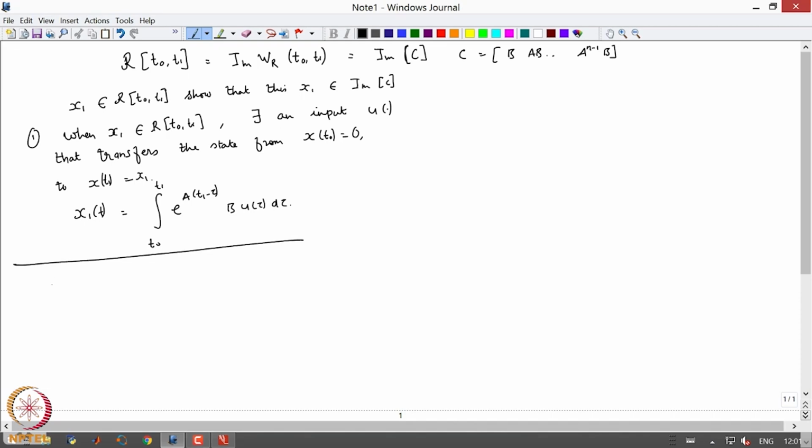So if I compute e power At from the Cayley-Hamilton theorem, what I know is that I can write e power At in the following way: the sum of alpha i(t) A to the i, for all t in R, where alpha 0(t), alpha 1(t), etc. are some scalar functions.